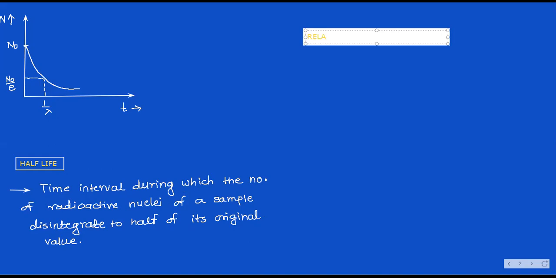Relation between lambda and half-life period. Lambda means decay constant.